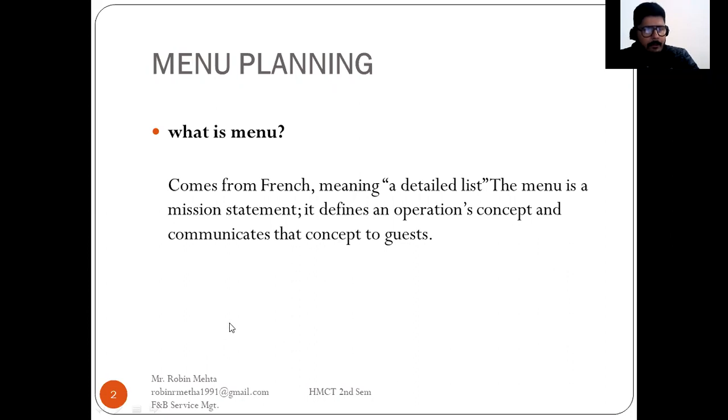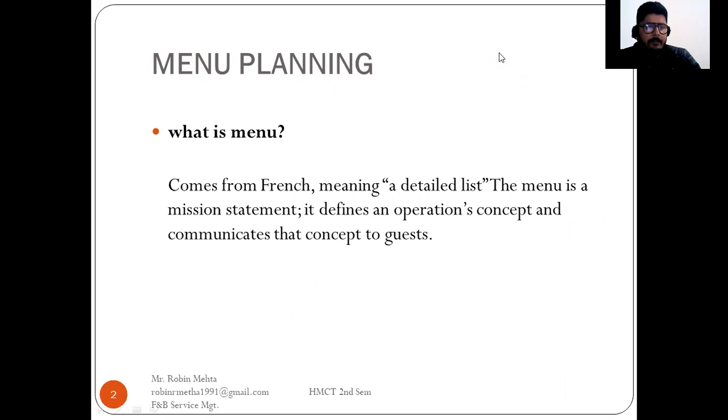And nowadays it is very popular in all the restaurants that we also give some description about the dish in the menu, because sometimes guests don't know what they are ordering, or what raw material that particular dish has. Like the major ingredients used in that particular dish.